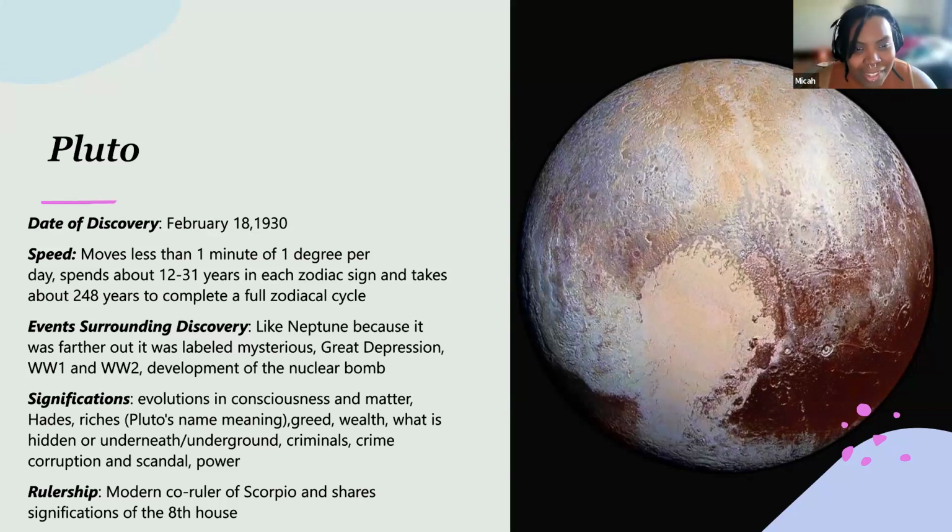I'm not even kidding. That was the logic there. So they were like, they're evil unless the person is spiritual enough to make them positive. It's ridiculous, but I'm like, okay, go off. But yeah, so we can see some of the significations of Pluto are going to be evolutions in consciousness and matter.